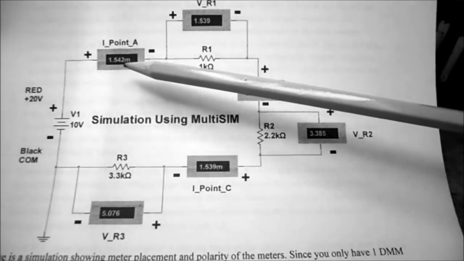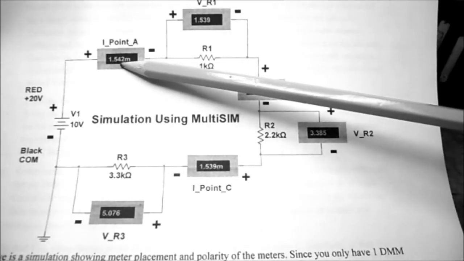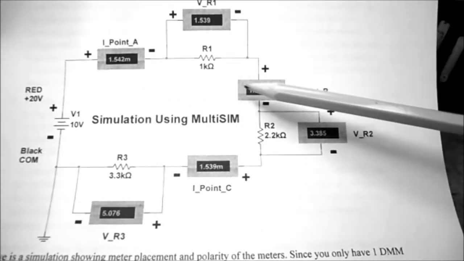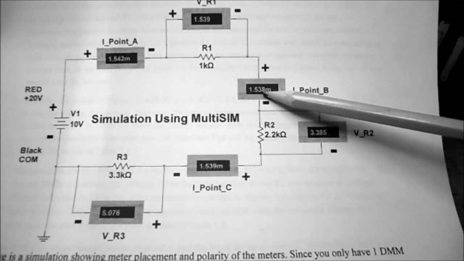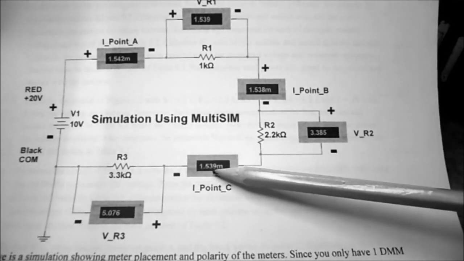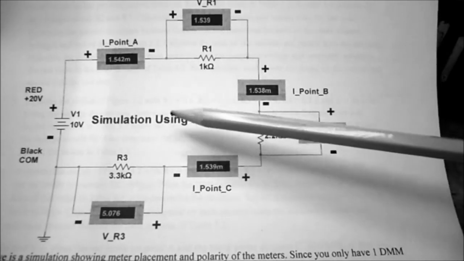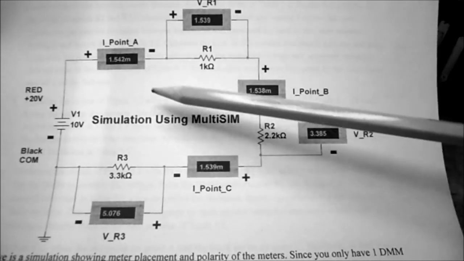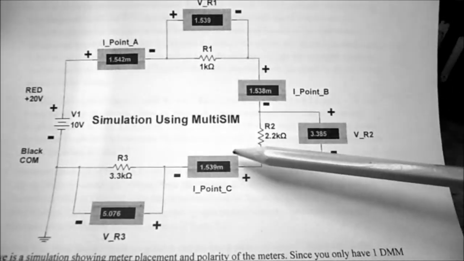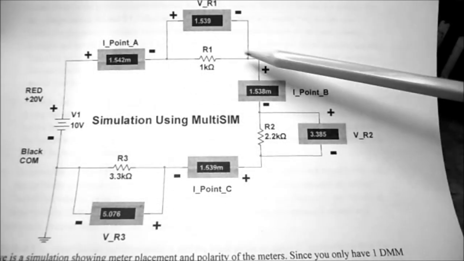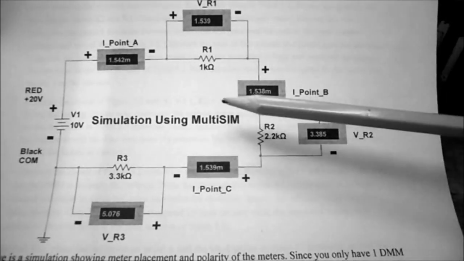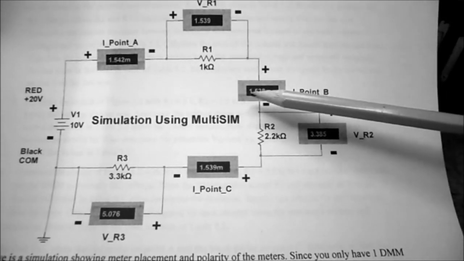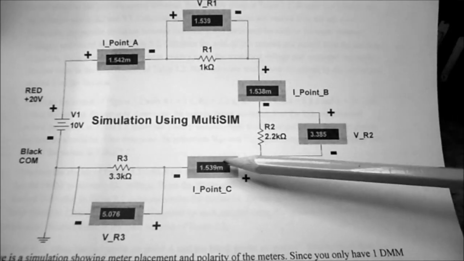You'll notice the current going through the circuit is 1.542 milliamps, 1.538 milliamps, 1.539 milliamps. Ideally, they should all be identical current, right? Because it's a series circuit and there's only one current going through the circuit. So I would record all of these as 1.54 milliamps.